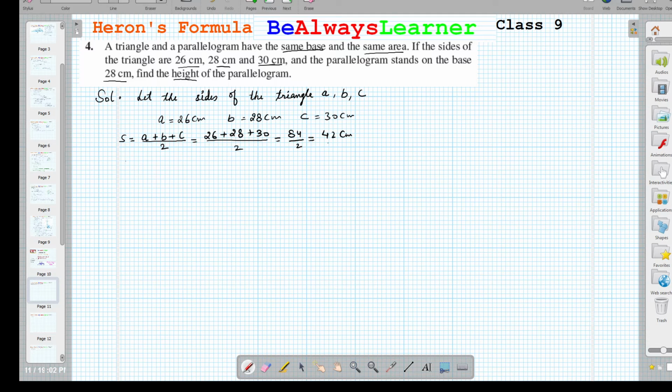Now next, we can calculate all the three values which are going to be used by Heron's formula.